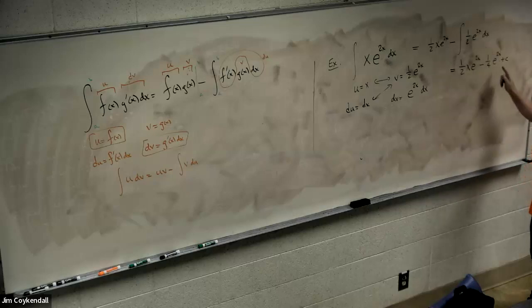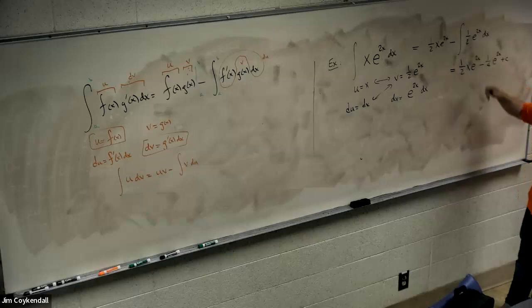You want to check me on that? Take the derivative of this. It's e to the 2x times 2 times 1/4. The 2 cancels. Makes sense.